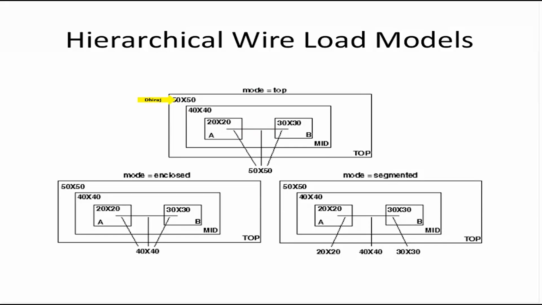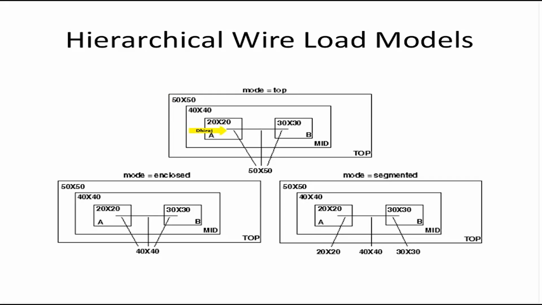The most popular implementation is that you have different wire load models for different areas. So let's say your chip area is 20 cross 20, you will use a wire load model based on 20 cross 20. A 50 cross 50 wire load model will have more resistance and more capacitance compared to a 20 cross 20 wire load model.